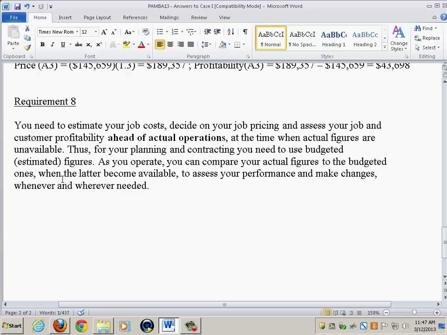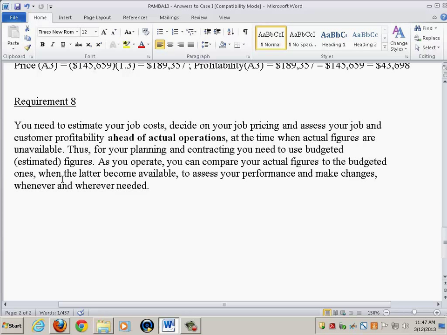In other words, if you just say, I will not do any financial analysis before I have the actuals, then there's no way that you can plan, there's no way that you can decide how much I'm going to price, how many hours I'm going to put into each product, into each customer based on expected profitability.